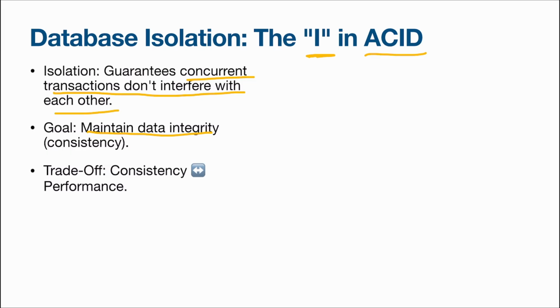In an ideal world, when there are two transactions happening, for example, there are two rows, row A and row B. They are touched by transaction 1 and also transaction 2 touches them. And the isolation tries to guarantee that transaction 1 and transaction 2, as they work on the same set of rows, don't interfere with each other.